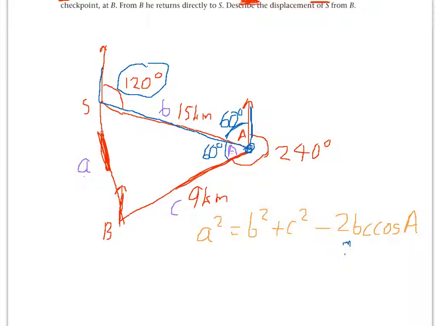Now we can substitute the values into the equation to find the missing length. So, a squared equals 15 squared plus 9 squared minus 2 times 15 times 9 times cos of 60.